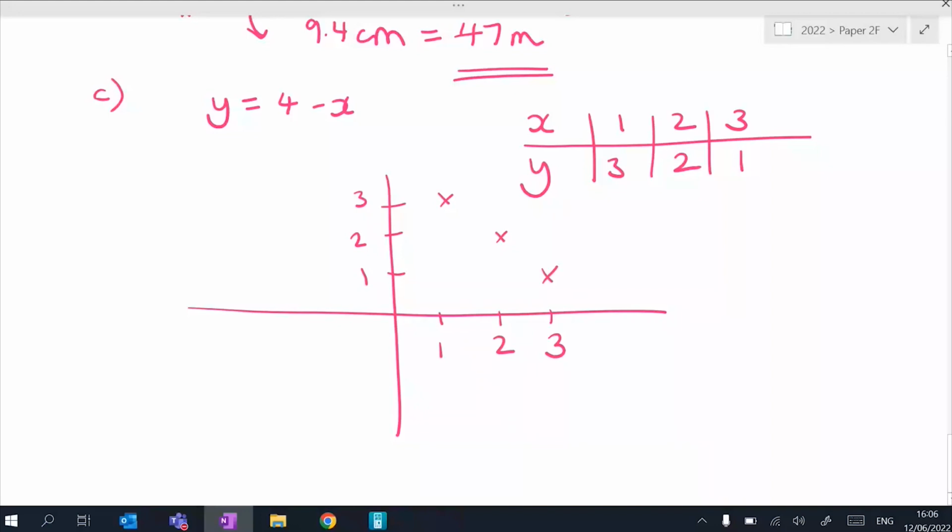Okay, so you want to extend this through the whole graph. Okay, so it does go up to 7, 4. Okay, so make sure it goes through the whole graph.